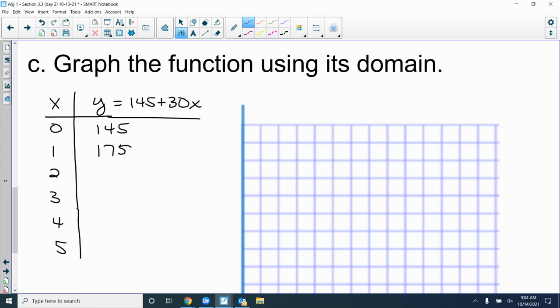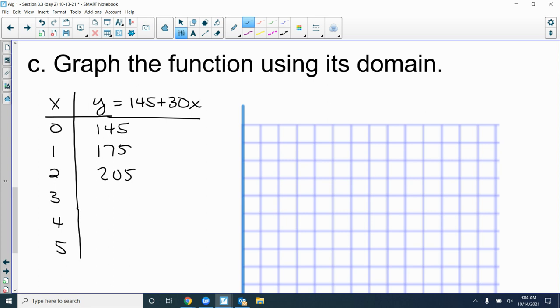How about 2 bags? Mai, what'd you get for 2 bags? The table should be done by now. We're going to go 145 plus 30 times 2. 205.